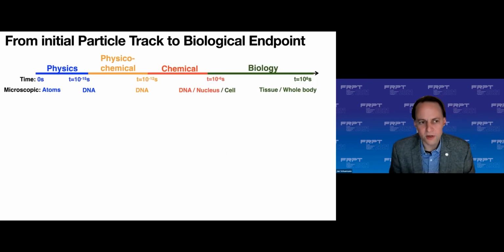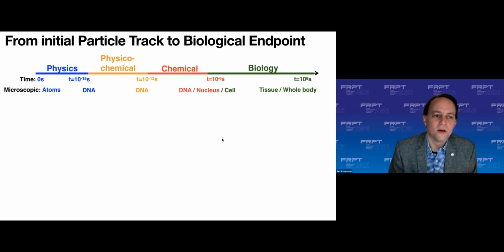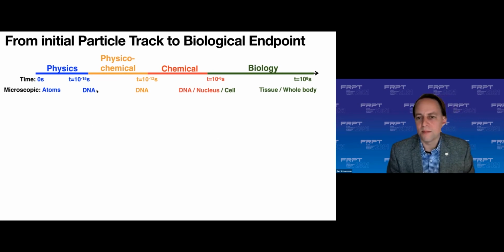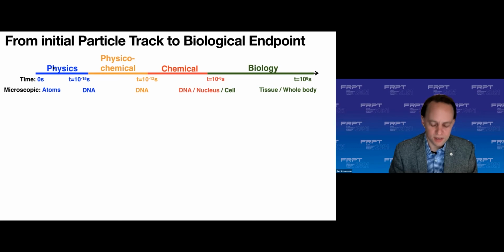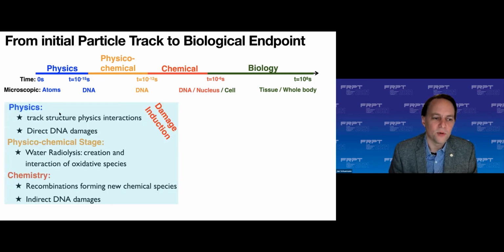And so what we typically do in track structure Monte Carlo approaches is we separate the time into certain sections. The physics time is where we have track structure that we can describe in the first femtoseconds. Then there's the physical-chemical stage where we have water radiolysis and creation of some reactive oxygen species. Then we have the chemistry, where these species can react with each other and migrate.